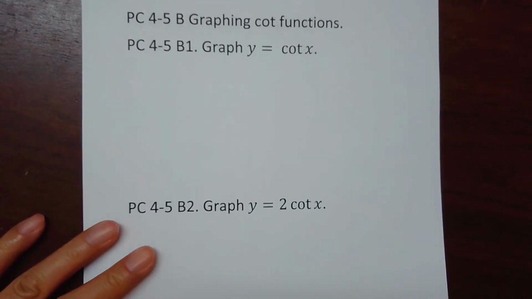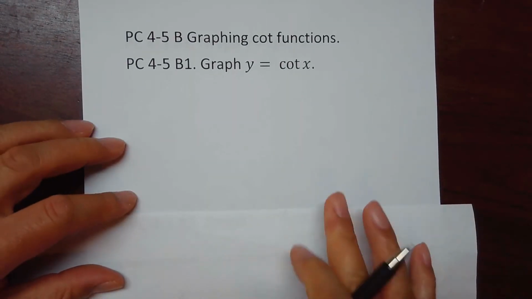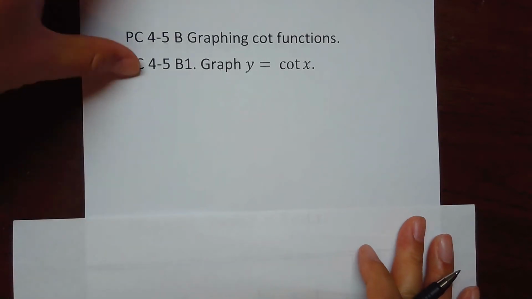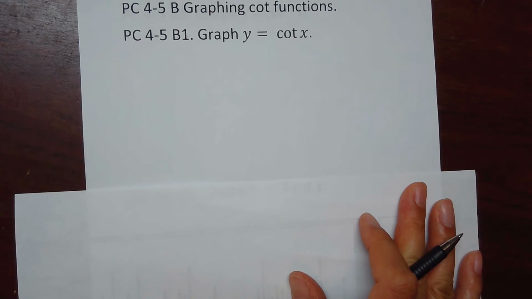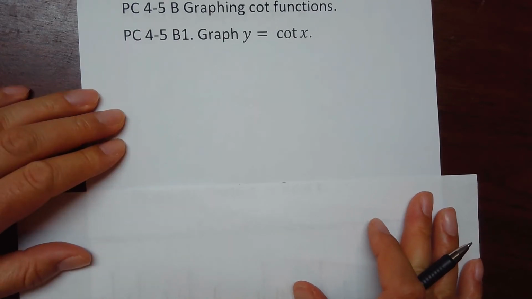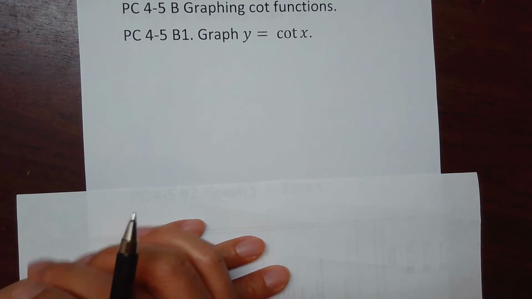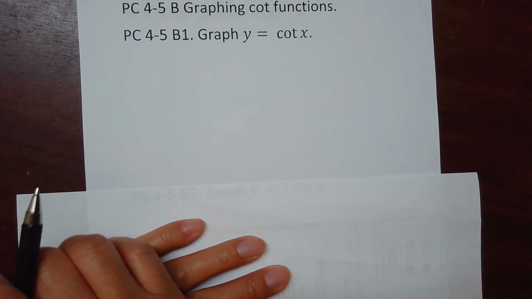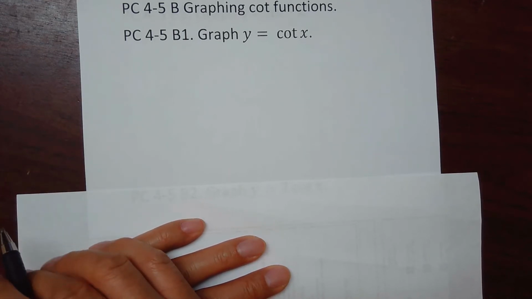Okay, next one is graphing the cotangent function. If you followed the tangent function, graphing the cotangent function will be a slight change from tangent, very similar. The only thing I have to add to graph y equals cotangent x is the following.